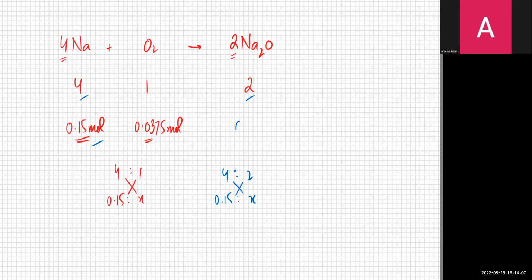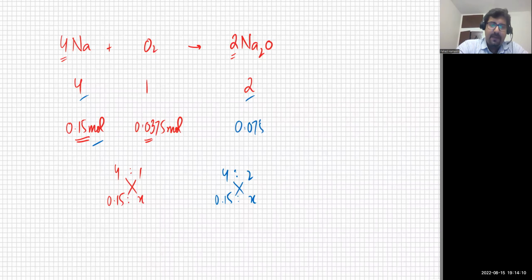I'm getting 0.075 moles for this. And it doesn't matter. It's going to be the same answer if you had compared 1:2, 0.0375 ratio X. So it doesn't really matter which two ratios you pick. It's going to be the same result.